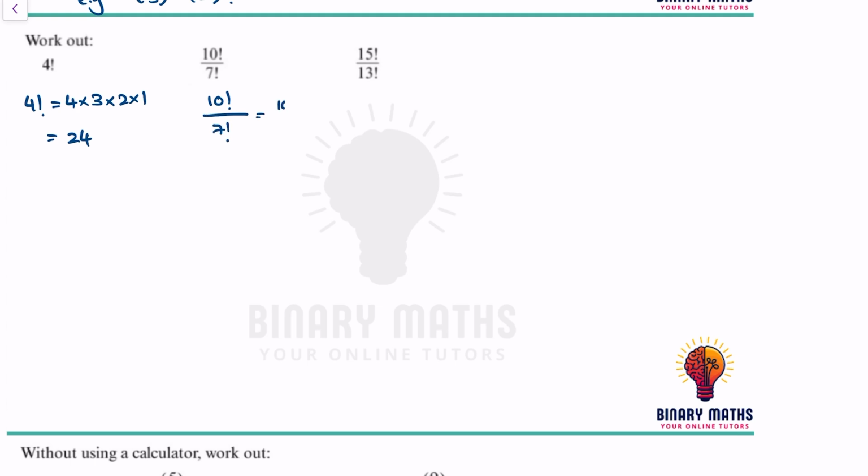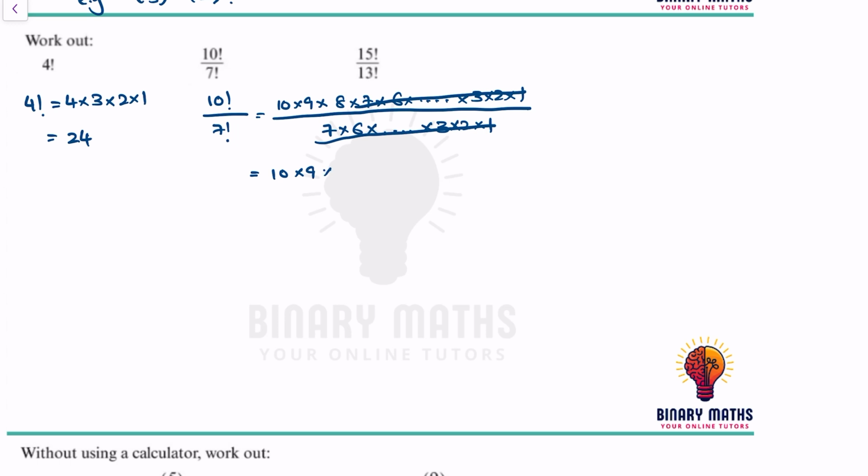That is 10 times 9 times 8 times 7 times 6 and so on down to 1, over 7 times 6 and so on down to 1. You can see you've got 7 times 6 and so on all the way down to 1 in the numerator and the denominator, so you can cross it out. All you're left with is 10 times 9 times 8. 10 times 9 is 90, 90 times 8 is 720. So the answer will be 720.